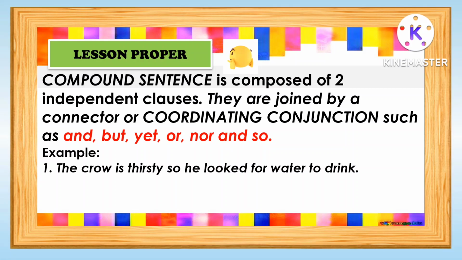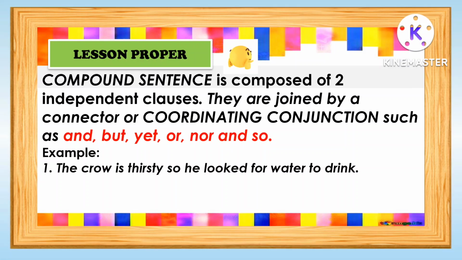Compound sentence is composed of two independent clauses. They are joined by a connector or coordinating conjunction, such as and, but, yet, or, nor, and so. Alright, you have to remember that.